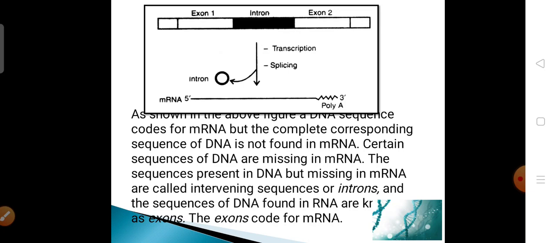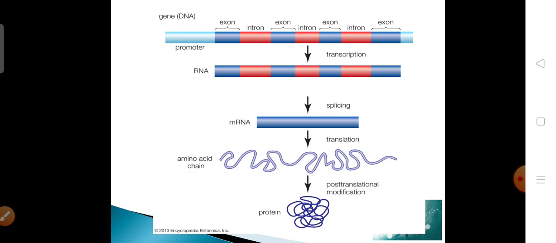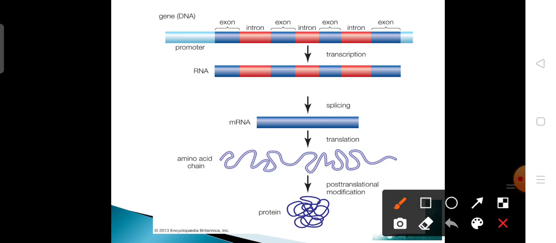And the non-coding regions which are not present in mature mRNA, which are not involved in protein synthesis, are called introns or junk DNA, or you can say inserts, and the gene is called a split gene or interrupted gene. Okay, you can see very well in this diagram. So this is a gene shown here. There are exons shown by blue color and introns shown by red color.